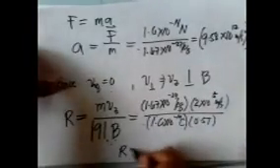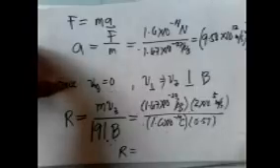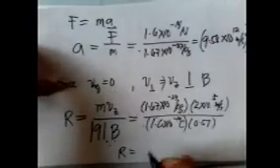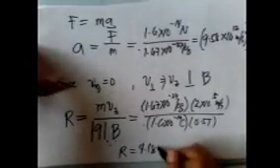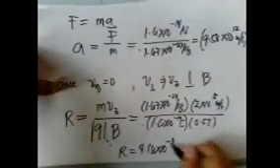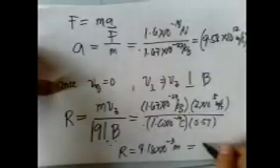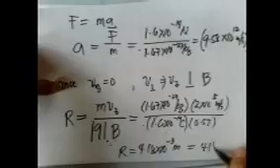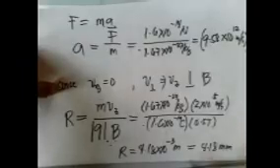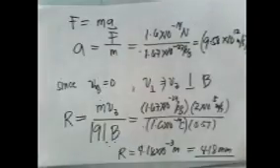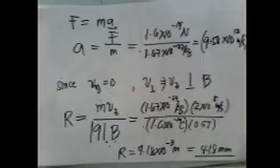So the radius of the path of the particle is 4.18 times 10 to the negative 3 meter, or equal to 4.18 millimeter. So this is the radius of the particle.